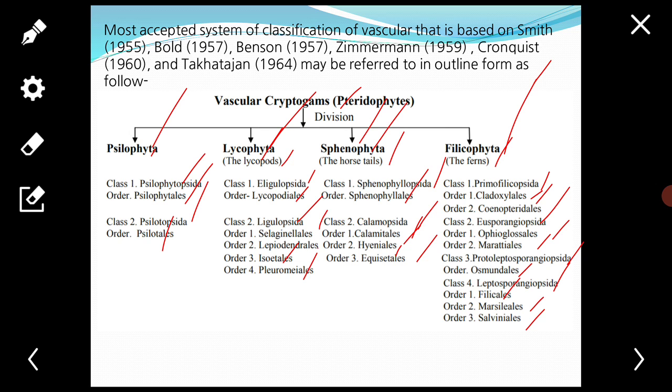As the foliage leaves are reduced to scales, the process of photosynthesis is taken up by the stem and hence it becomes green.